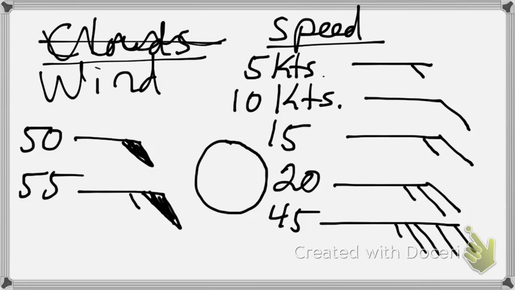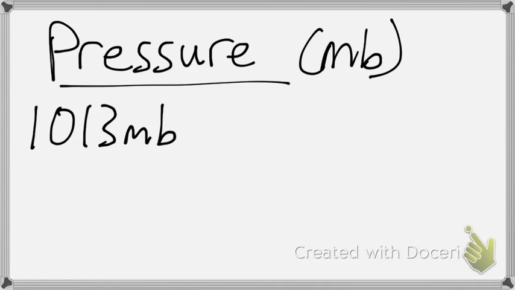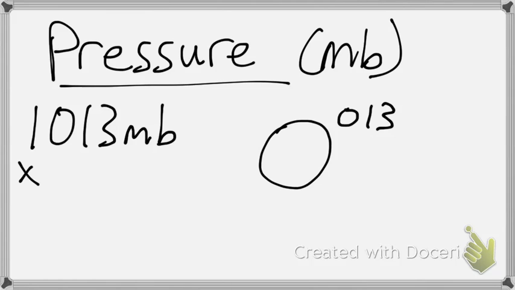Okay? For pressure, pressure is usually always expressed in millibars. That's the metric unit. We know 1,013 millibars is standard atmospheric pressure. This is how you would write it on a station model. You would drop the 1, so you would read 0, 1, 3. Sometimes you may see it written as just simply 1, 3. If it's written like that, you put a 10 in front of the number so you know it's 1,013.